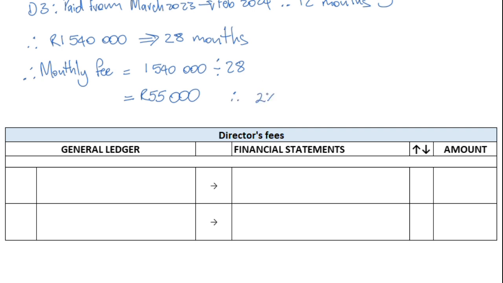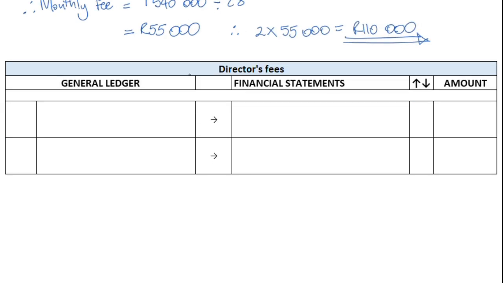Since we are looking for 2 months worth of fees, because the director hasn't been paid for January and February, we must say 2 times 55,000 and we get 110,000 rands.